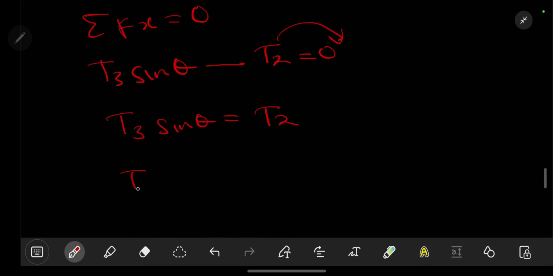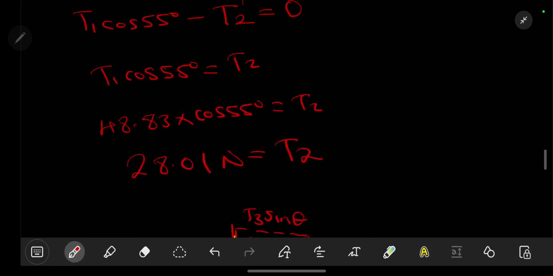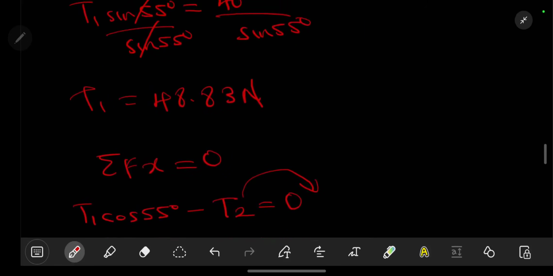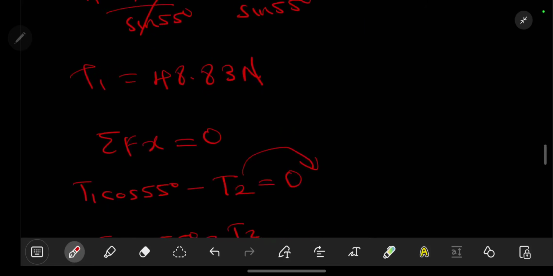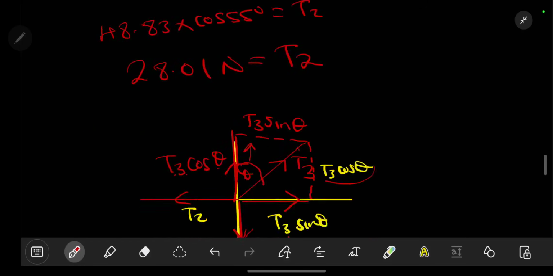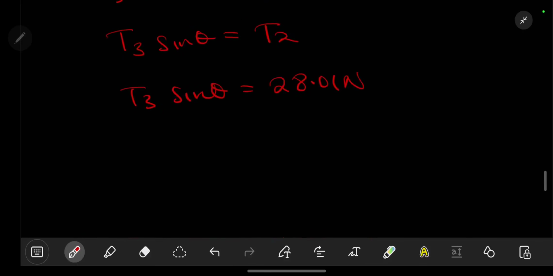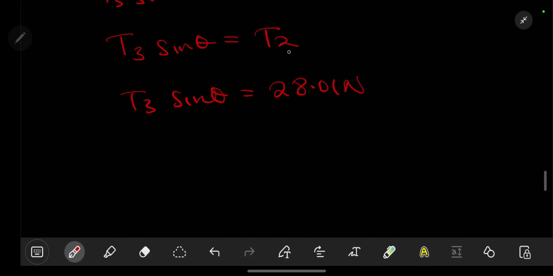We have our T3 sine of our theta should be equal to, we found T2 to be equal to 28.01 newtons. Then we have two equations, in both of them we don't know theta, we don't know T3.